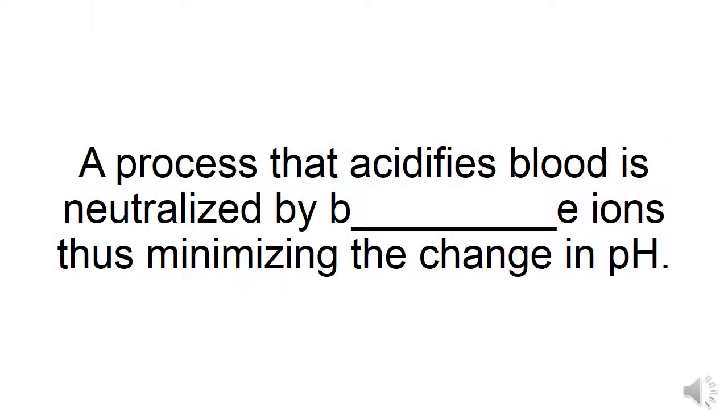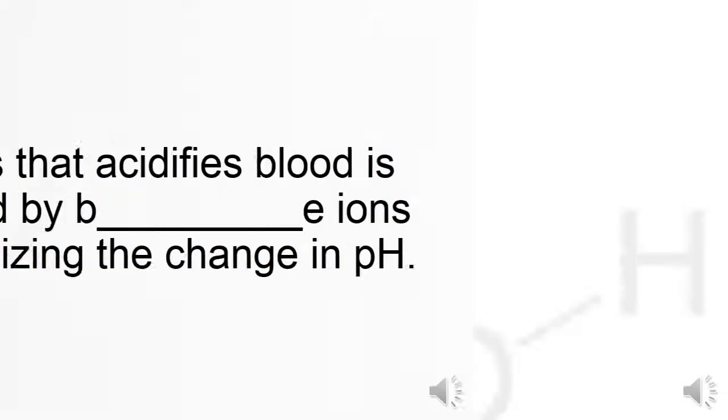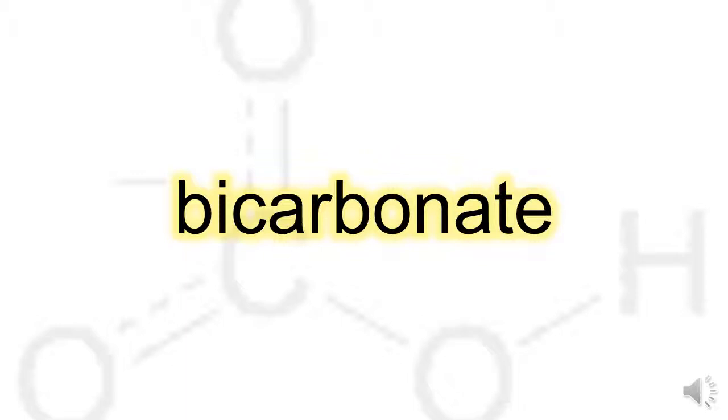A process that acidifies blood is neutralized by B blank E ions, thus minimizing the change in pH. So what ion is this? That would be the bicarbonate ion.